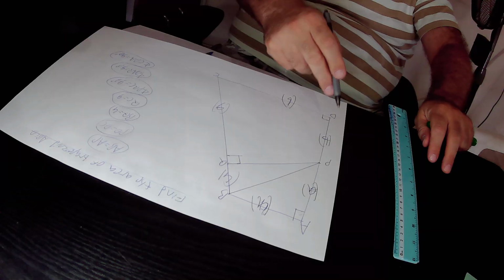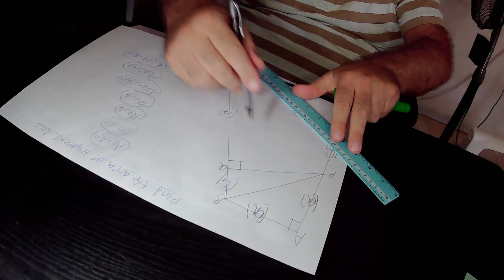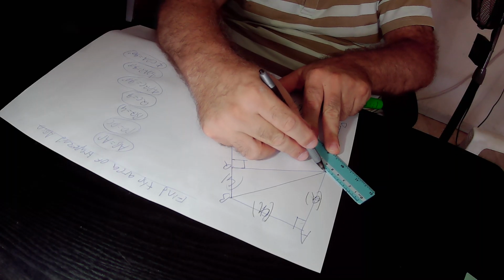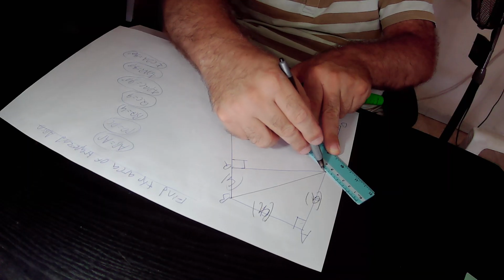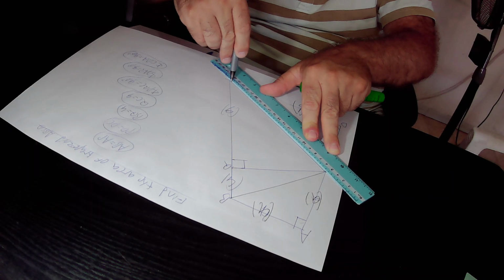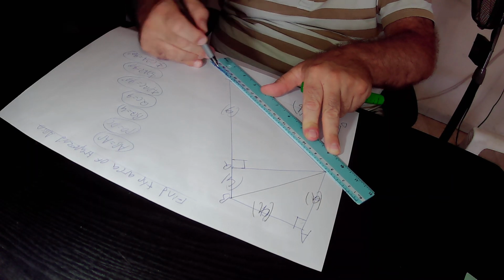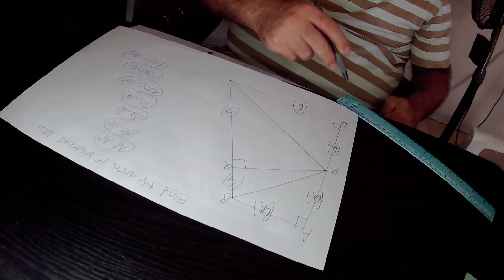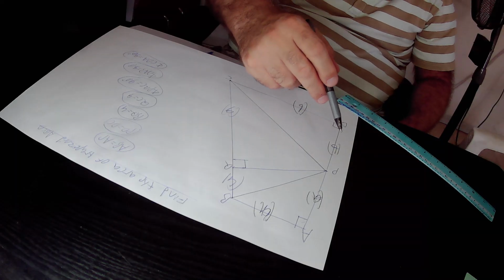And we join points P and C together by a straight line. By joining points B and P, we created the small right triangle APB.